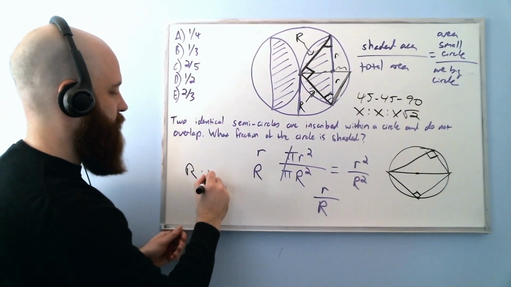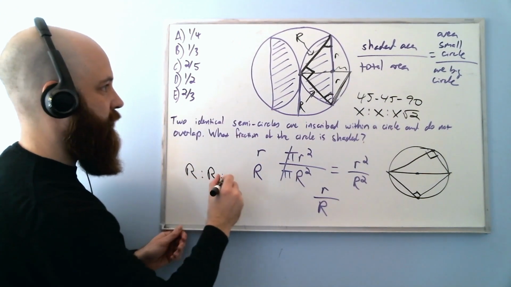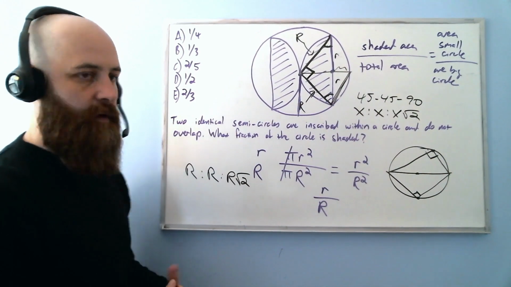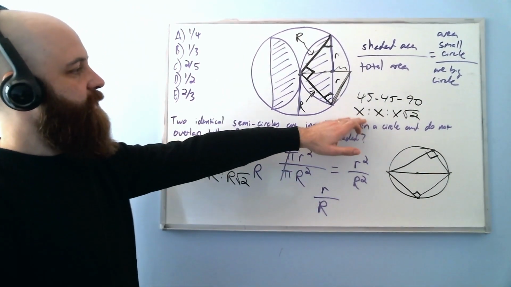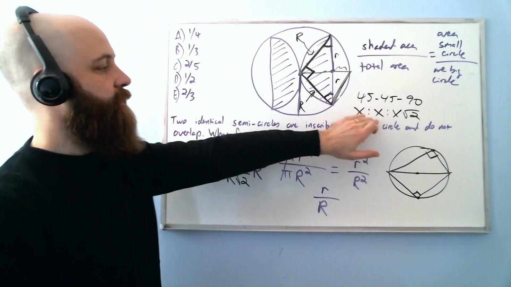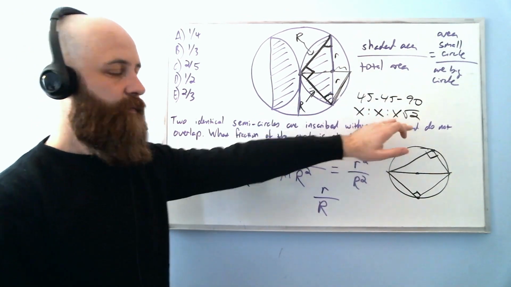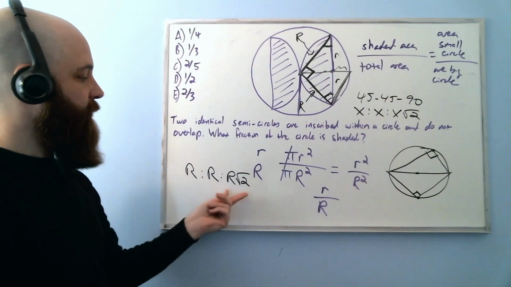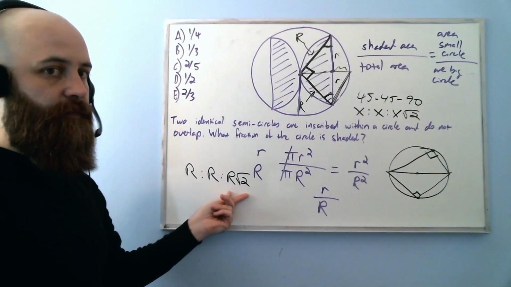The ratio is R to R root 2. Just to review what I said, if the legs are equal to x, the hypotenuse is x root 2. For my triangle, the legs are equal to big R, so the hypotenuse is equal to big R root 2.